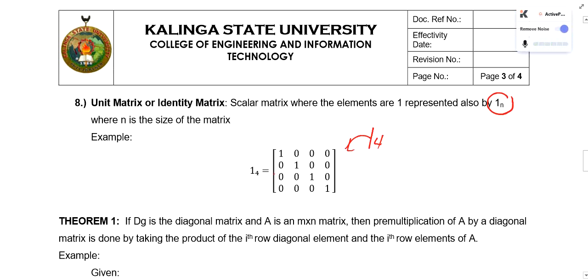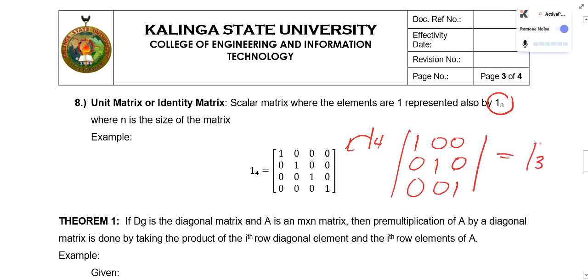So that is a unit matrix. If we have 1, 0, 0, 0, 1, we can represent it by I 3. So that is a unit matrix or identity matrix for a particular size.